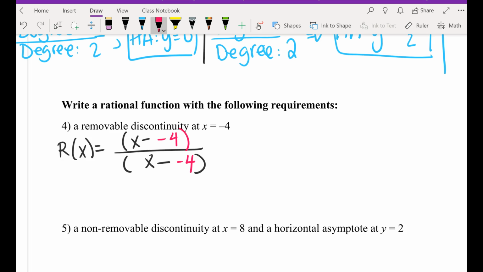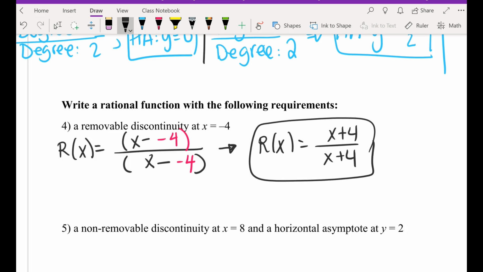Now, right now, can I reduce those? Yeah, that's why it's called a removable. So did we right now meet the requirement of a removable at x equals -4? Yeah, so all we gotta do is simplify that. R of x equals x plus 4 divided by x plus 4. That's all they wanted. Look at that.